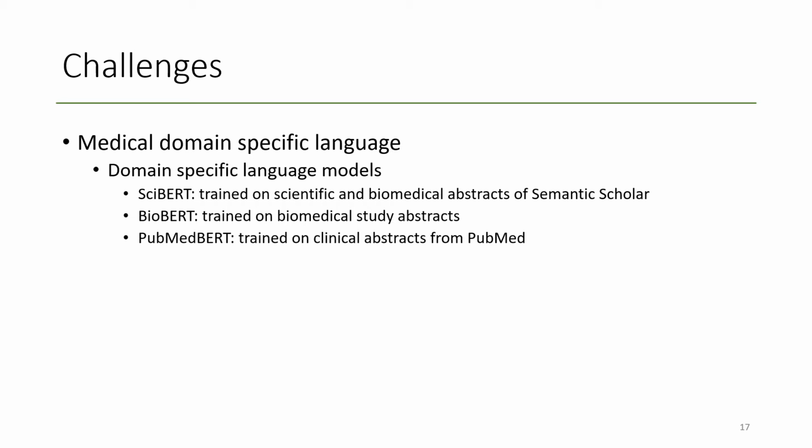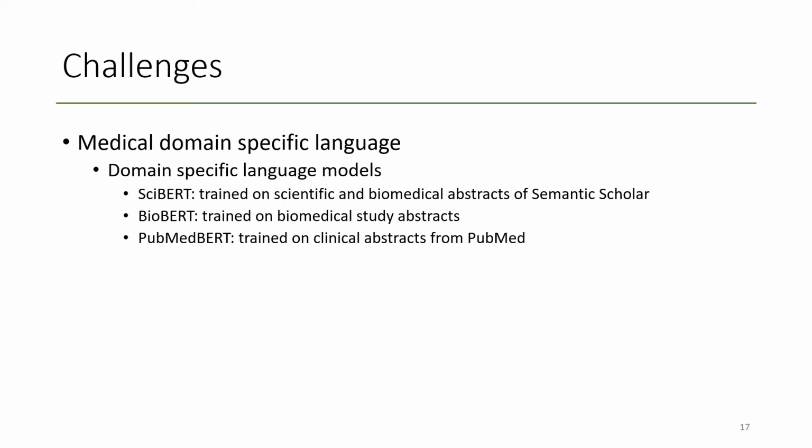So in previous lectures, there was the BERT language model introduced, and exactly the same BERT model exists, but for specific domains. So this language model BERT is then trained on either scientific domain or biomedical domain or clinical trials to represent the language of the medical or biomedical studies more precisely and more informative.